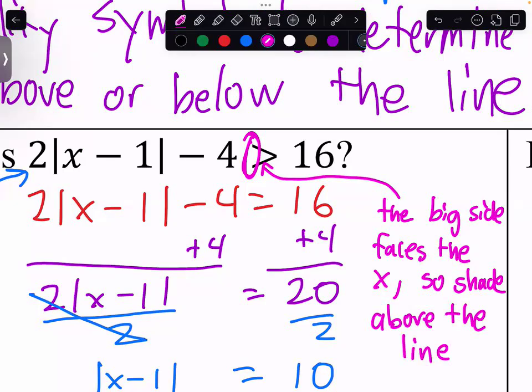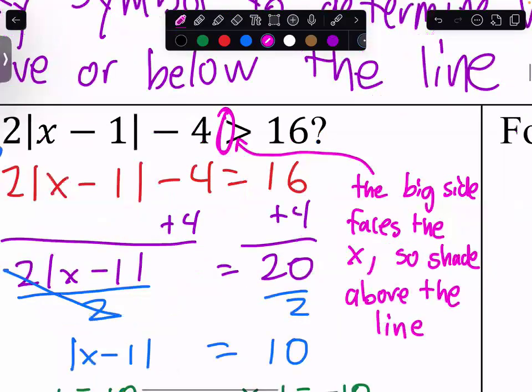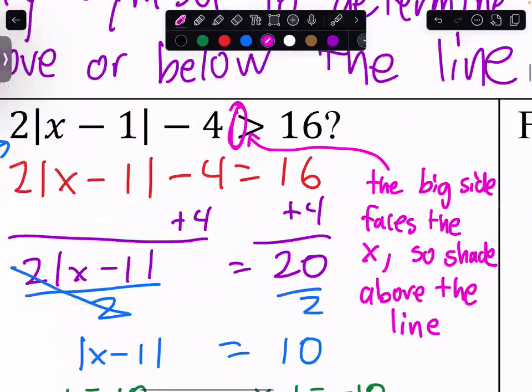Whenever the big side of the symbol faces the x in the problem, that means that we want x to be bigger. So that means bigger is above. So we're going to shade the part of the graph that's above the line.